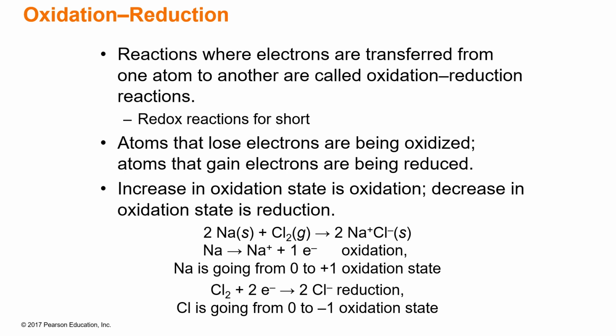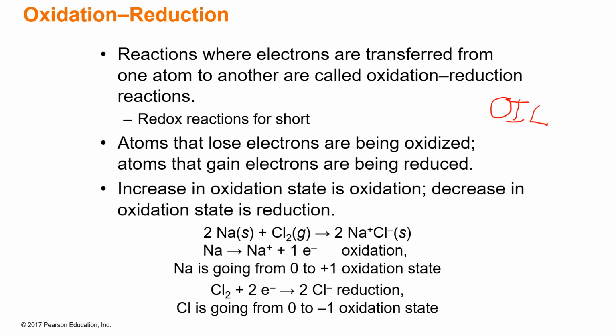We need to remember our oxidation reduction reactions. So remember that when we transfer those electrons, that's when we have redox reactions happening. And atoms that lose electrons are being oxidized. Atoms that gain electrons are being reduced. And we have mnemonic devices that we can use.